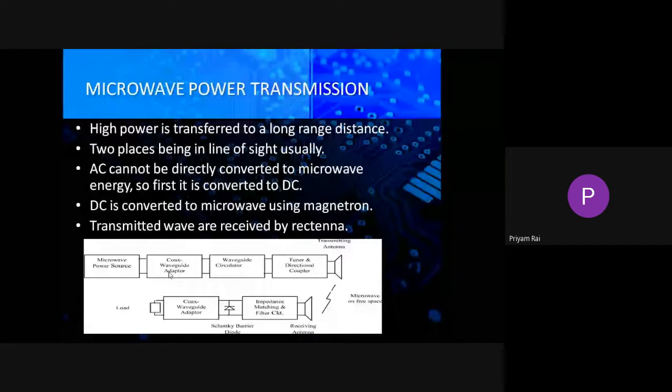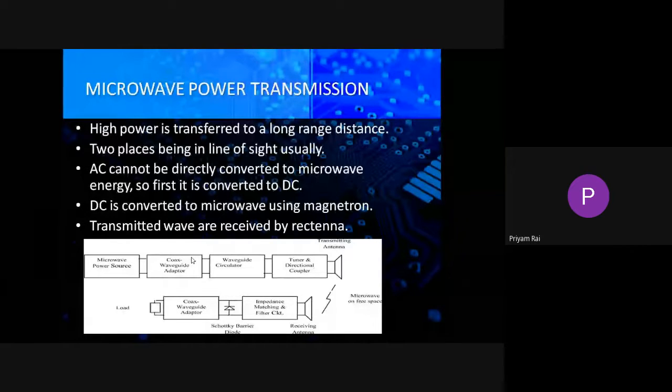In the transmitter section, the microwave power source generates microwave power, which is controlled by the electronic control circuits. The waveguide circulator protects the microwave source from the reflected power, and is connected through a coax waveguide adapter.